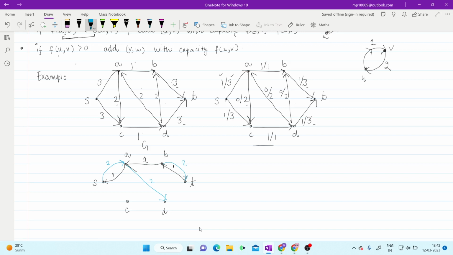And similarly, the same thing happens for AC and BD. So we'll have a DB with 2 and AC with 2, and there will be no second edge.